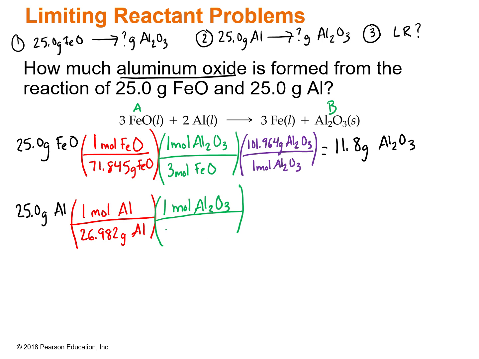Good, good. So now we've got 1 to 2 for our mole ratio. And this last step, again, is going to look exactly like the top because we're converting moles of aluminum oxide to grams.